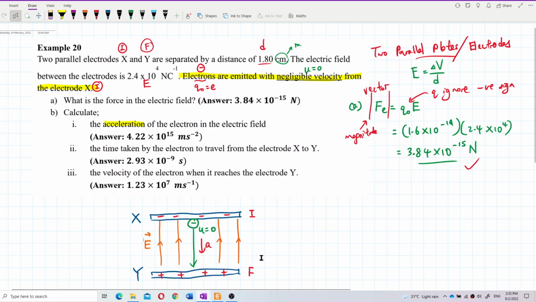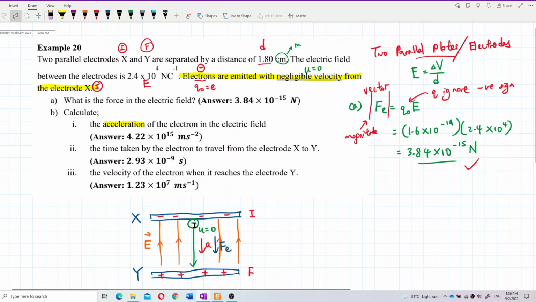So that is correct. I can say also that the electrostatic force is downward. The electric force on the electron is also downward.